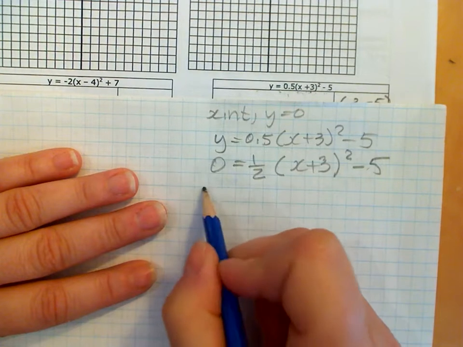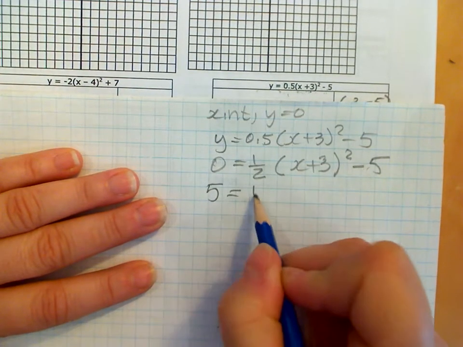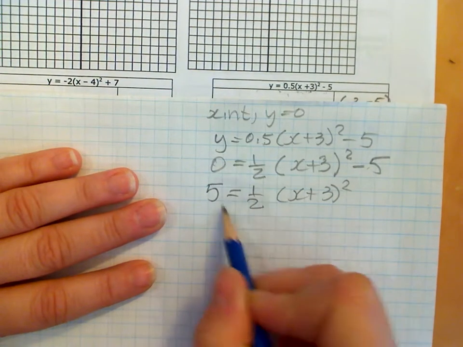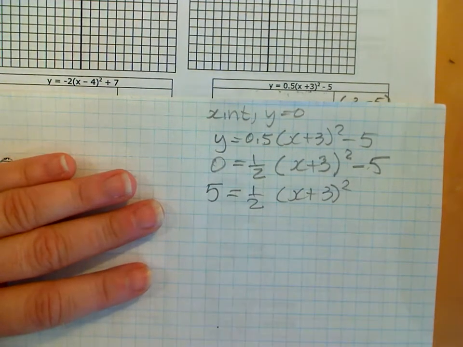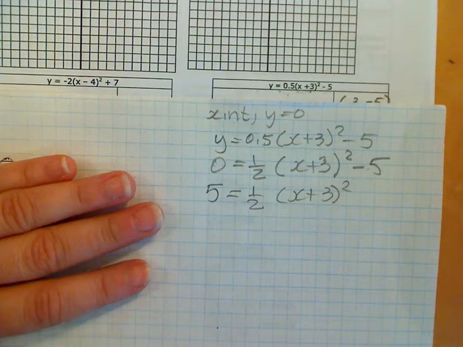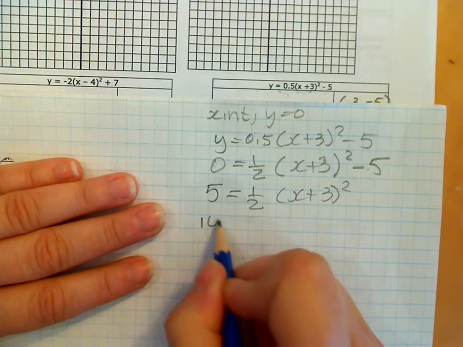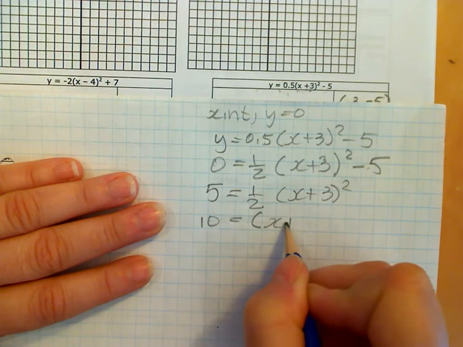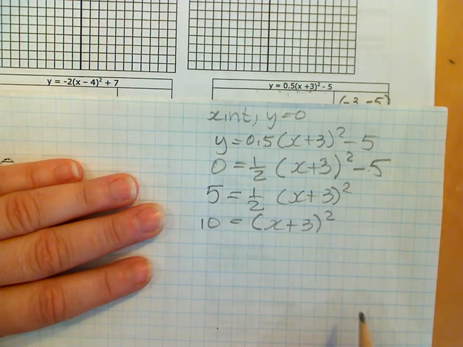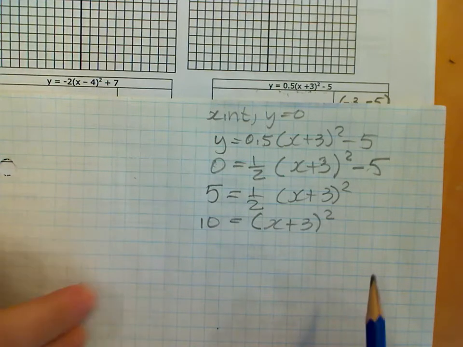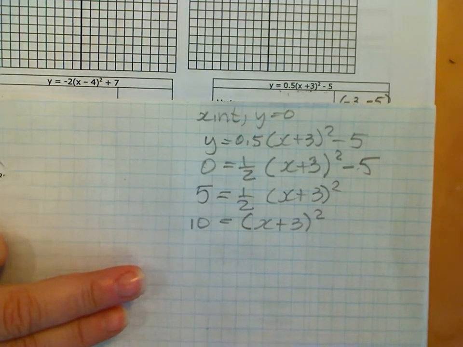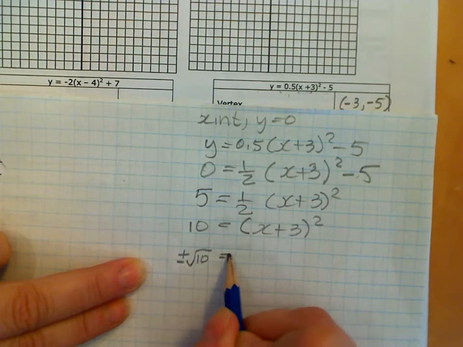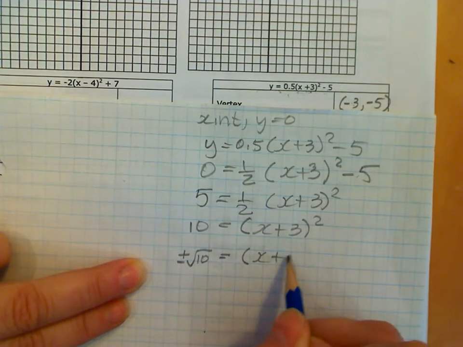Then I'm going to bring the minus 5 over, so it's plus 5 when you bring it over the equal sign. Then I have to get rid of this fraction, so we multiply both sides by the lowest common denominator, which is 2, so that'll be 10. And 2 times a half is 1, so there's a 1 in front of there. Now I need to take the square root of both sides. So plus or minus the square root of 10 will equal x + 3.